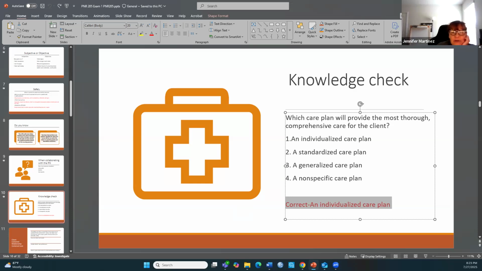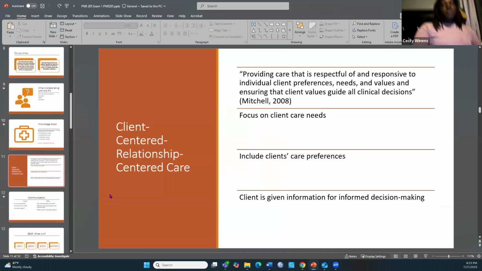So you go in your textbook and it's got a care plan for heart failure or diabetes or hypertension, right? That's a standardized care plan. The individualized care plan, right? We take that standardized care plan and then we customize it so that it is specific to our patients. So it's based off the diagnosis. Yes.